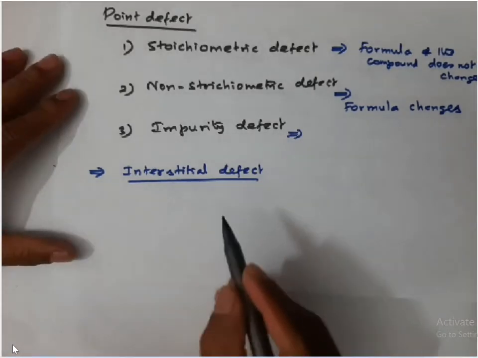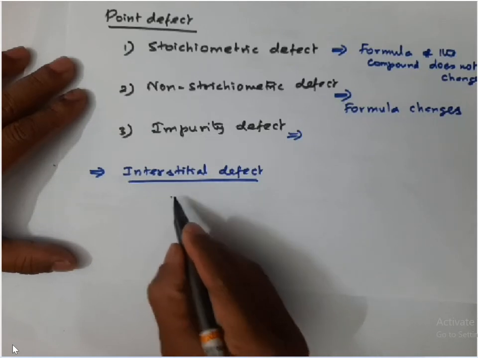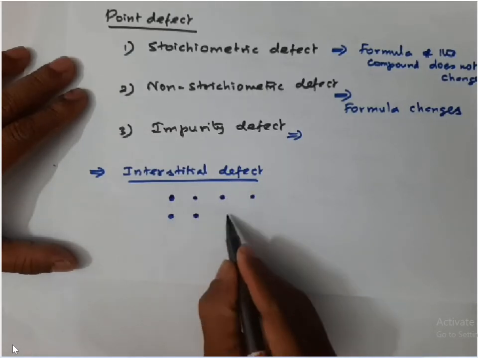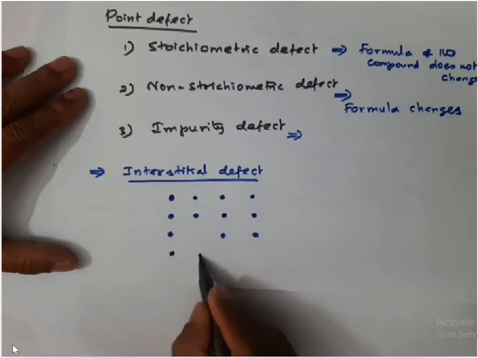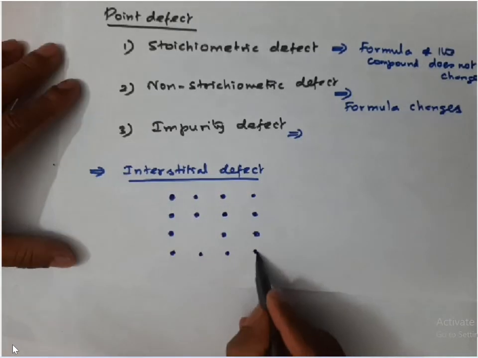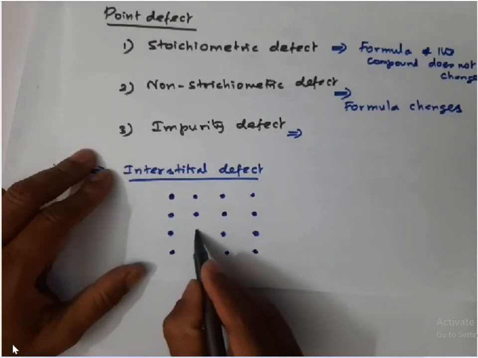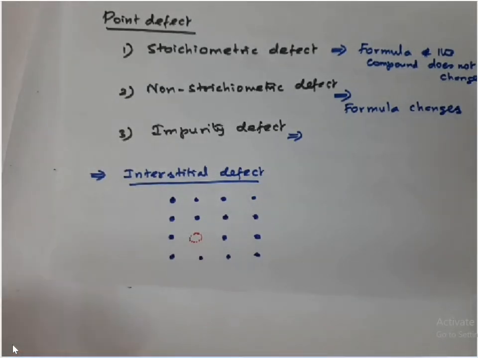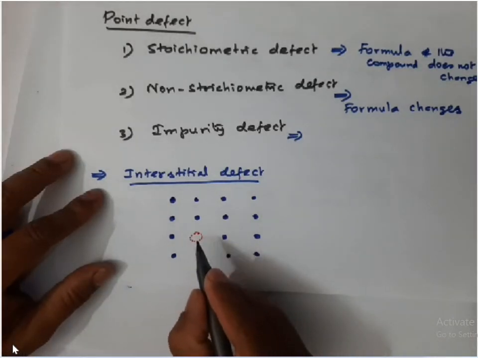Listen, in interstitial defect, assume that in a crystal, particles are arranged like this. This is a regular arrangement of particles. Sometimes, suppose one particle is supposed to be present here. That is the proper position. But during the formation of the crystal, some particle may not occupy its right position.